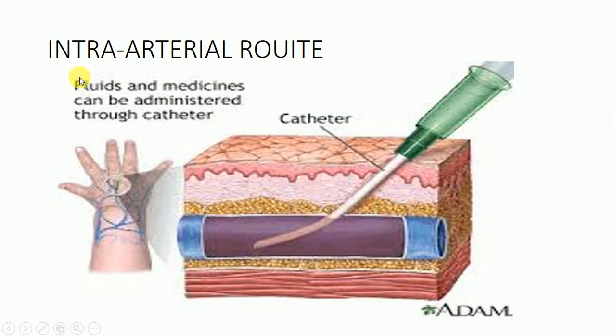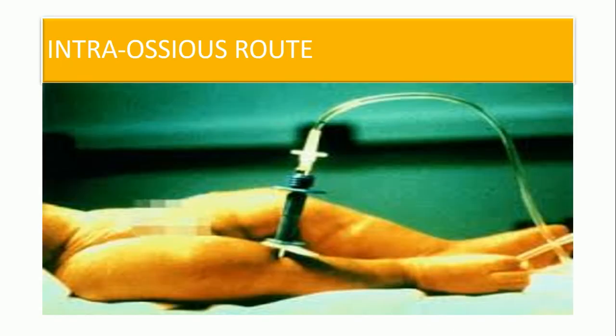There are other routes, like the intra-arterial route, by which you apply the drug directly to the artery. We have the intra-osseous route. Osseous means the bone. It means the drug is applied directly to the bone. Suppose our intention is to reach the bone marrow, so what we use is the intra-osseous route.